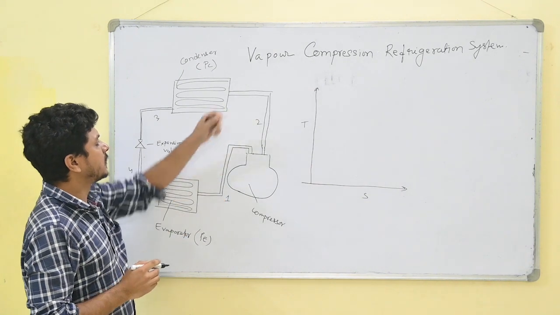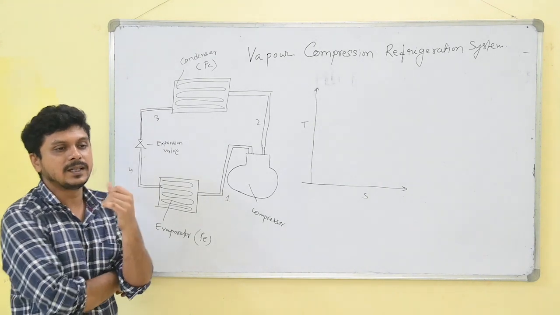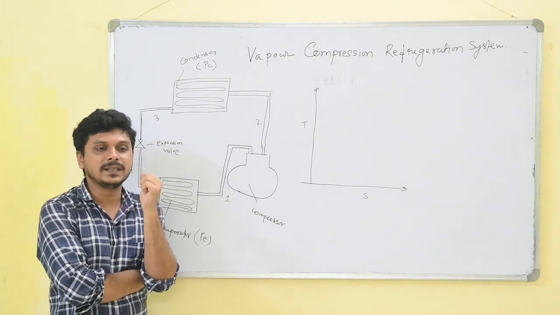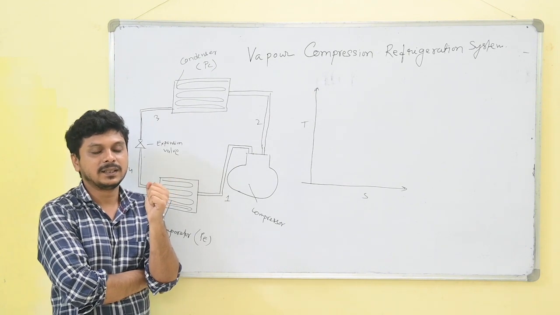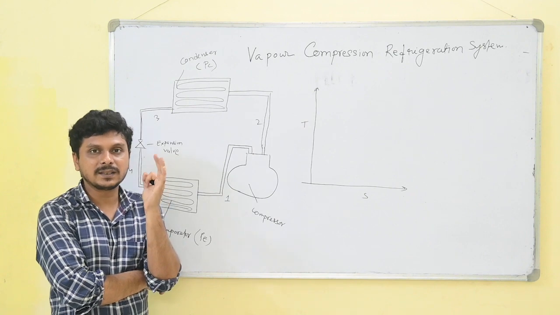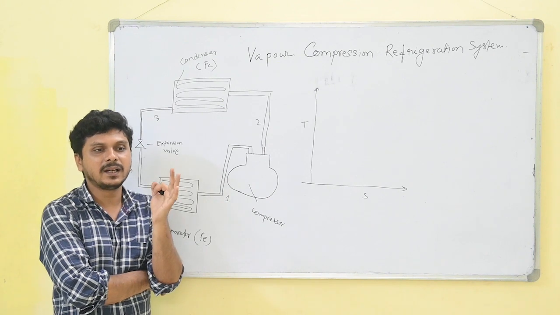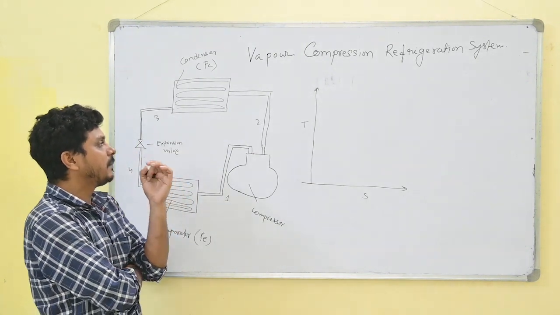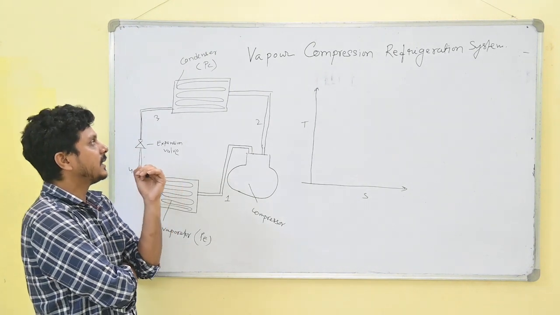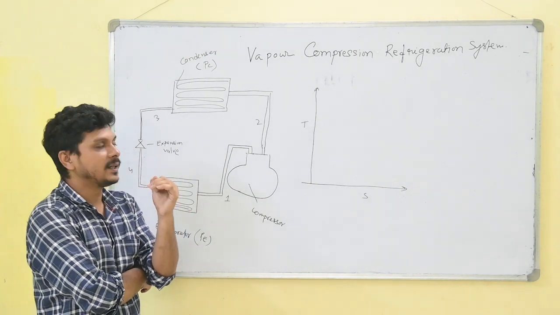The basic concept of the vapor compression refrigeration system is that the phase change of the refrigerant occurs. That's why we need a vapor characteristics curve of any refrigerant, like R11, ammonia, or water. That curve represents the saturated liquid and saturated vapor characteristics.